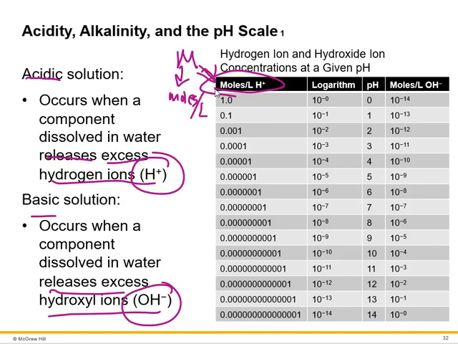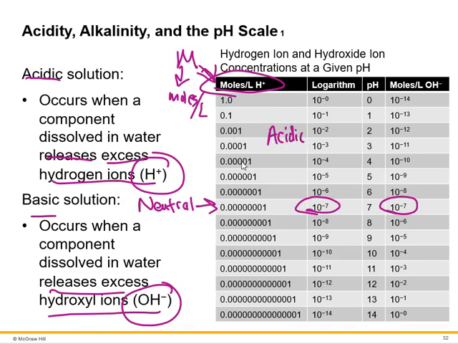And so this concentration, when it's neutral, they release an equal amount of hydrogen and hydroxide. And so that is neutral. But if you have a higher concentration of hydrogen, this is going to be acidic.